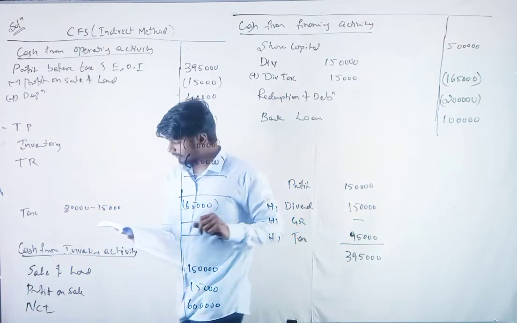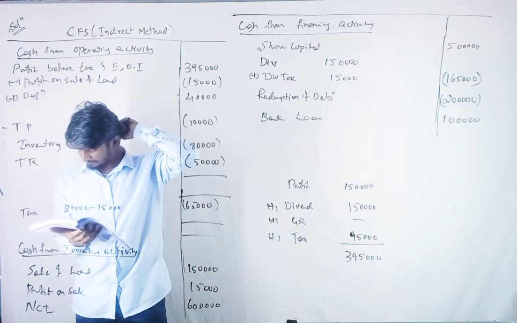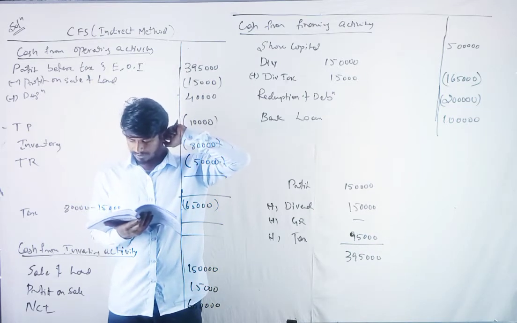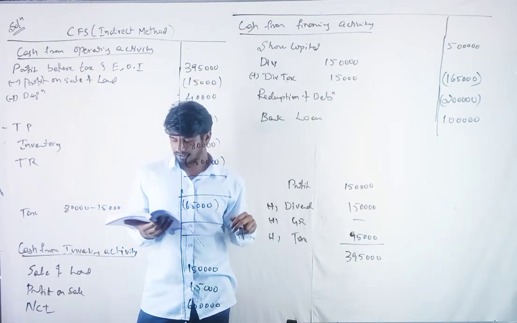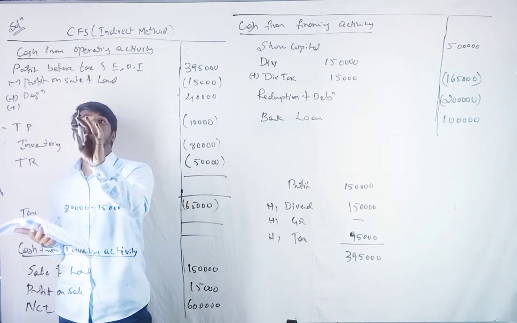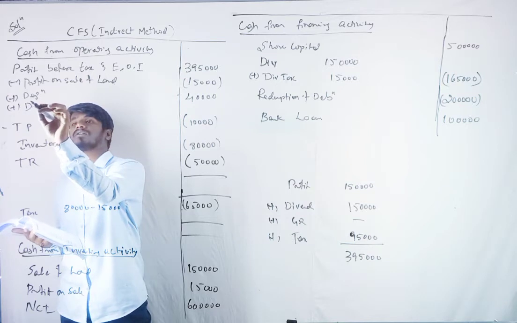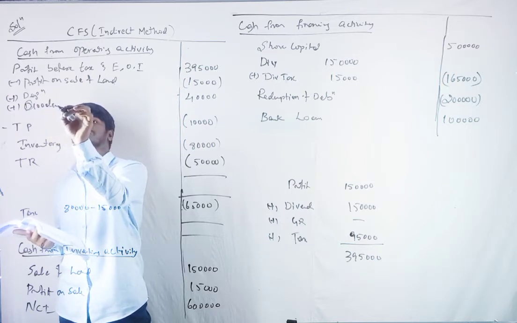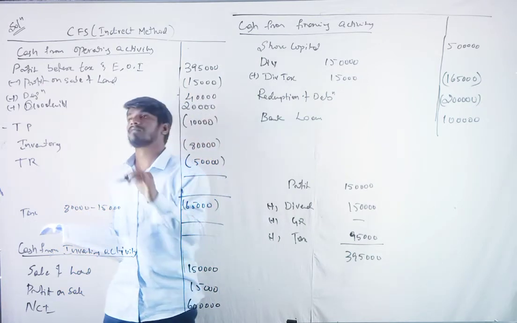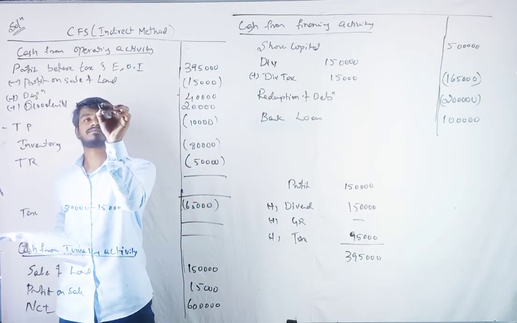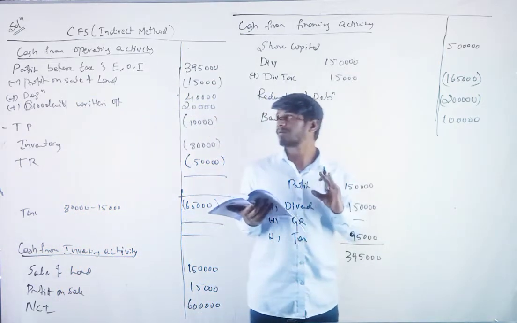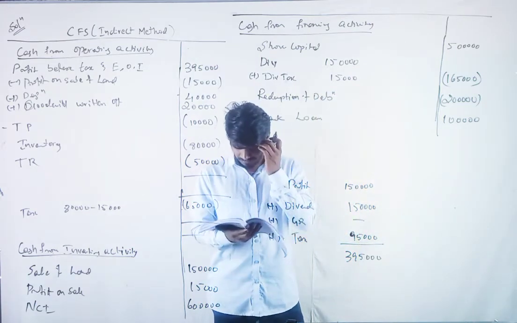In the fixed assets we have missed one thing: intangible assets, goodwill, right? 20,000 written off. What will we do? It might have decreased the profit. In the P&L, we might have written off the goodwill, so we will add it back.